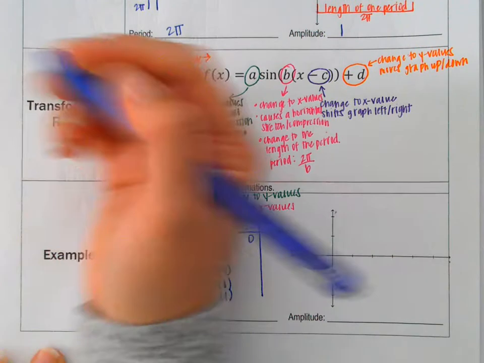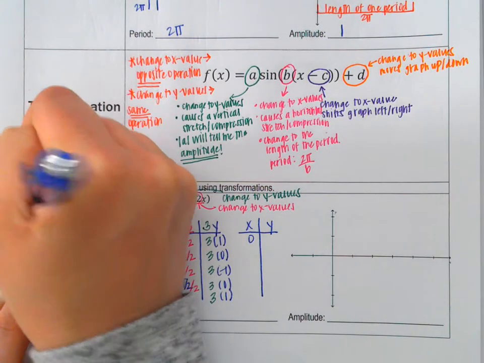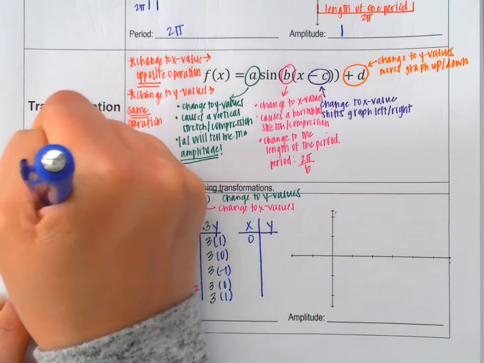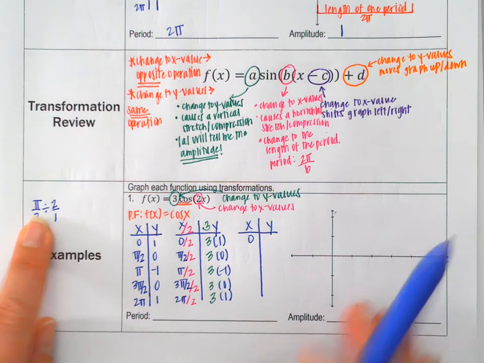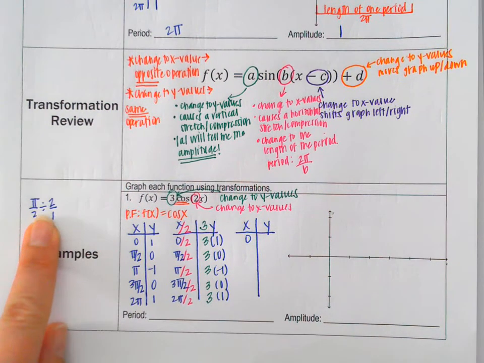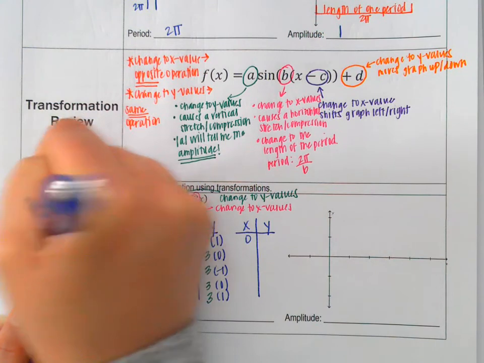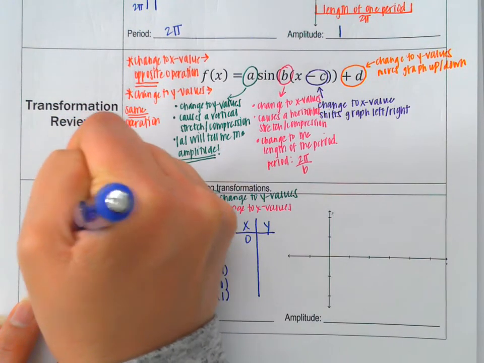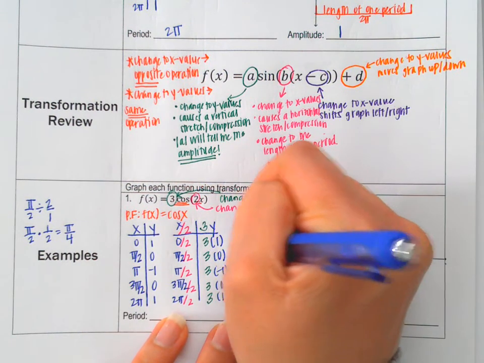Just logically thinking, pi over 2 divided by 2, do you agree that that is the same as this? I'm just writing it as a fraction with the division symbol. So we would multiply and flip the second fraction, and we would get pi over 4.